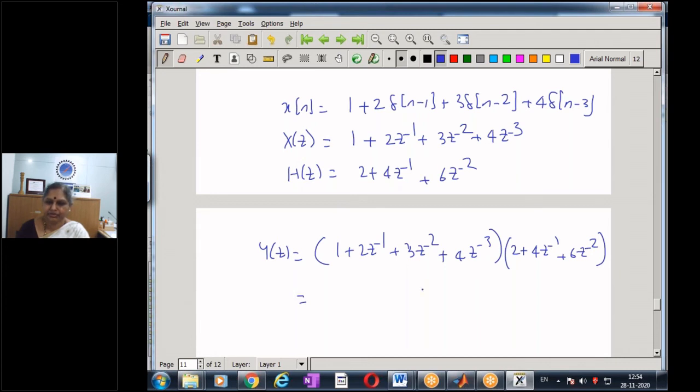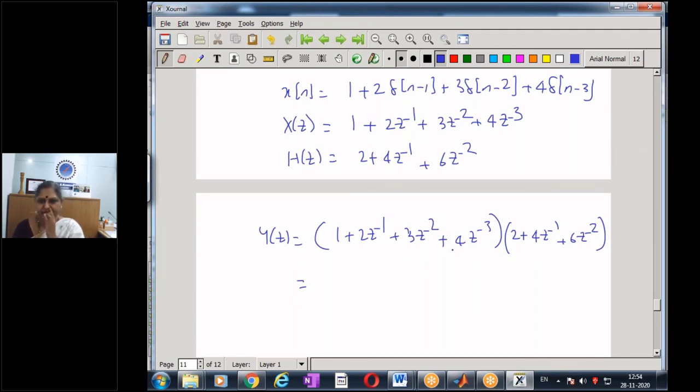When I compute this product, the constant term is 1 into 2, that is 2. The z inverse term is 2z inverse into 2 plus 4z inverse into 1, which gives 8z inverse.